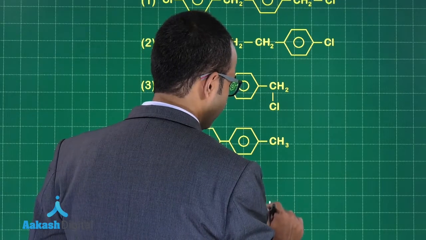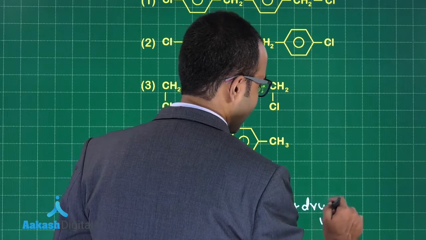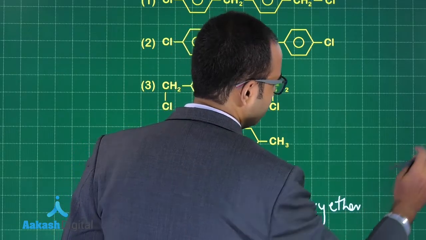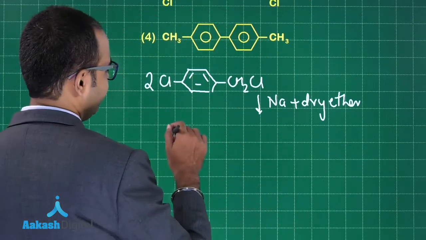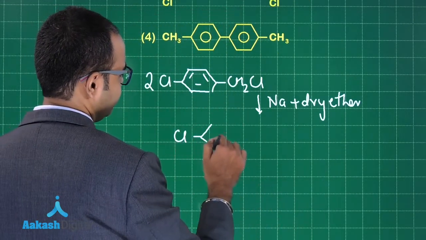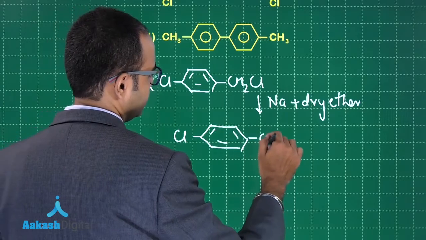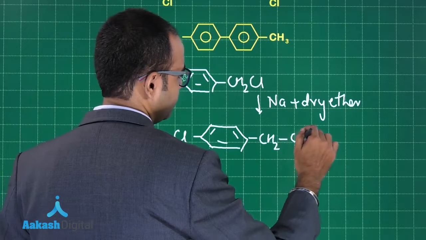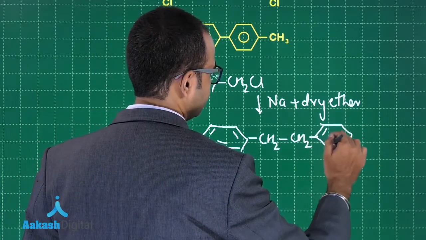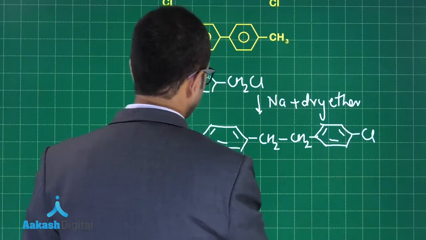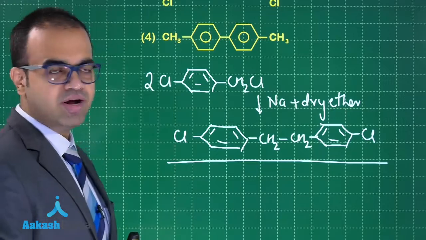If I carry out Wurtz reaction in presence of sodium and dry ether, this will give me the product with Cl, CH2, CH2, Cl. So that's your final product, guys. That's the final product that you're going to get.